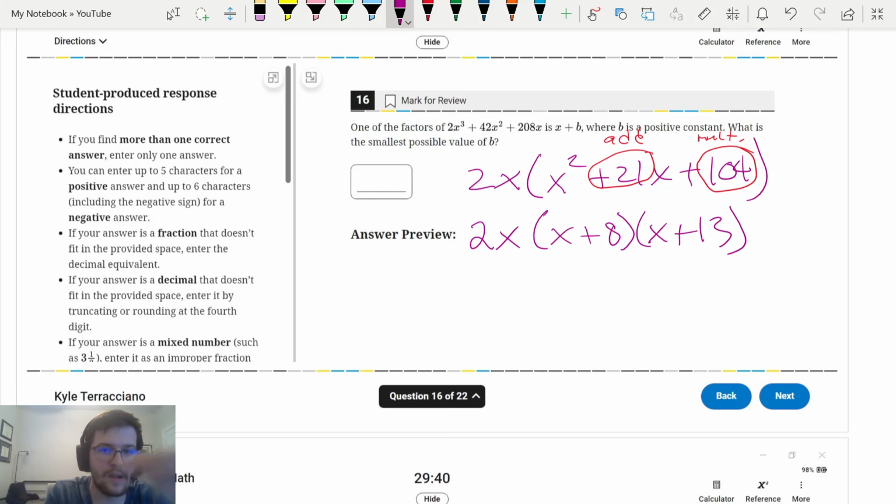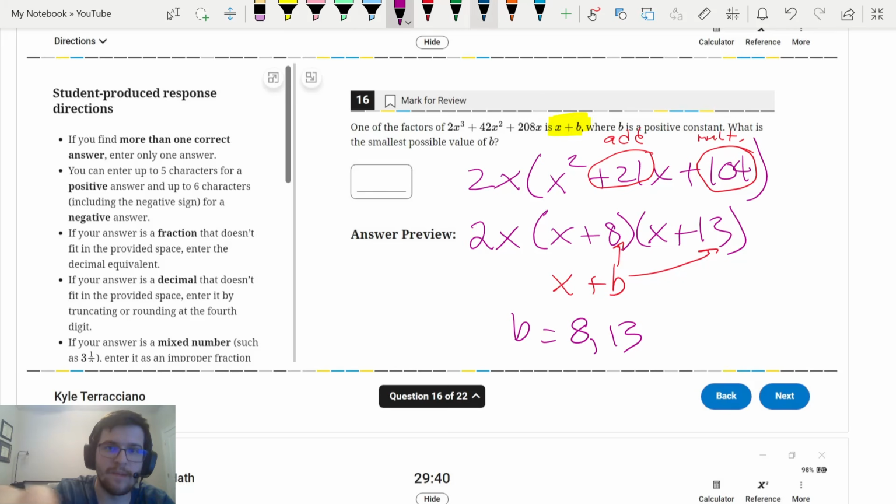And it says one of the factors is x plus b. So I'm going to hold up x plus b. And you see, it could be this one or this one. So b is equal to 8 or 13. And it wants you to pick the smallest possible value of b.